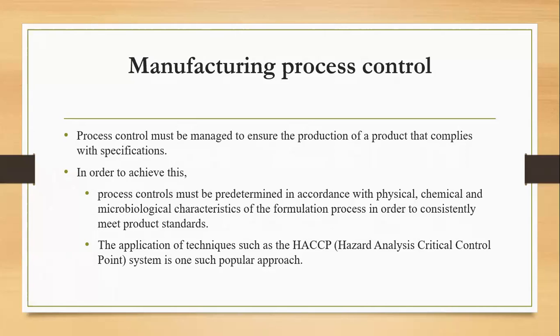The application of techniques such as HACCP really works. The critical control points really work in this system, so that it helps you. Once it is documented, it helps you to keep on the right track.